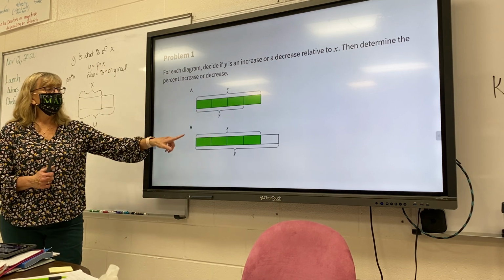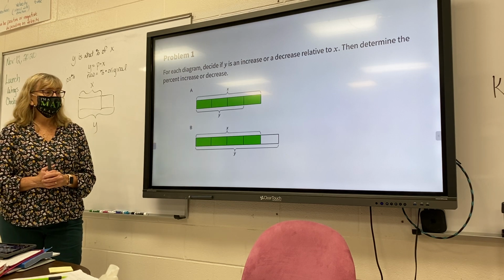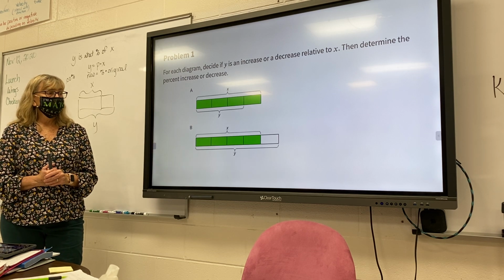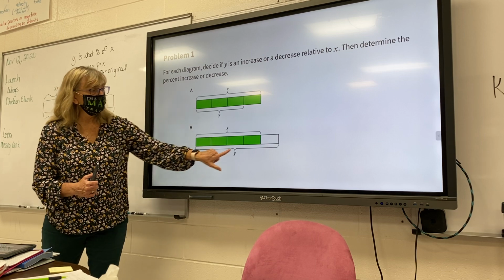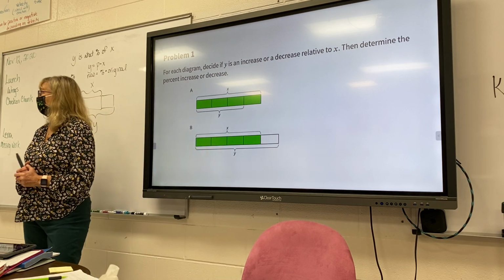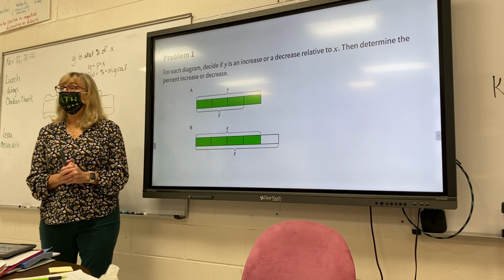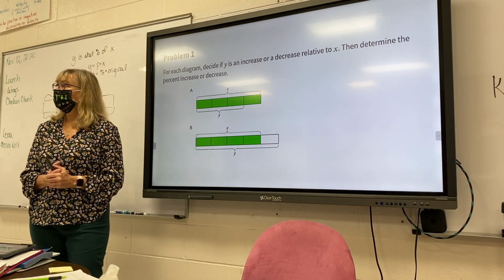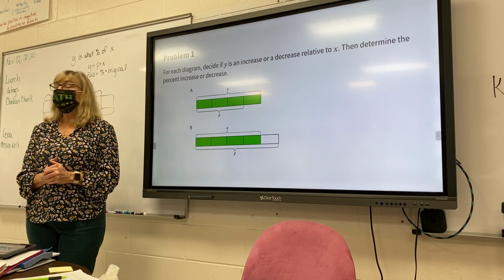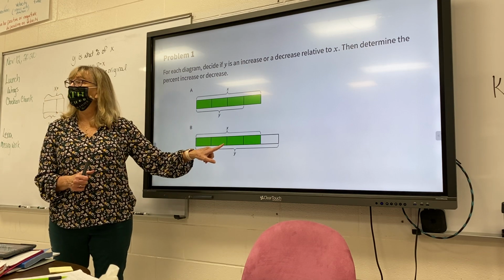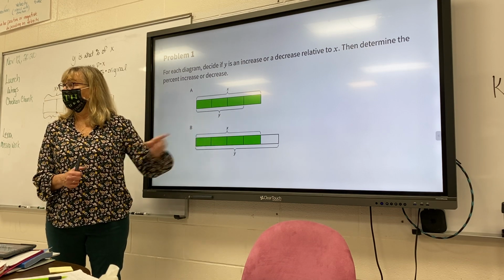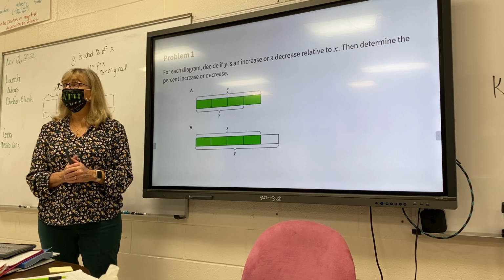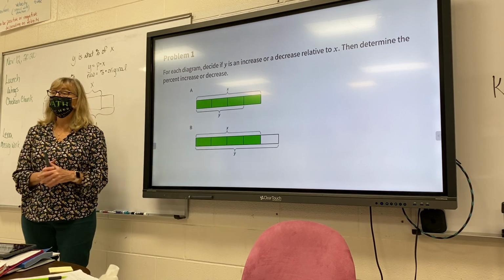All right, is B an increase or a decrease? It's an increase. We add on one, right? Okay, how much did we add on? 25%. We added 25%. So Y is 125% of X. Okay, see the difference between the two.